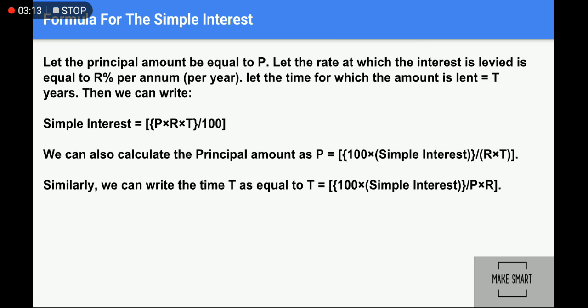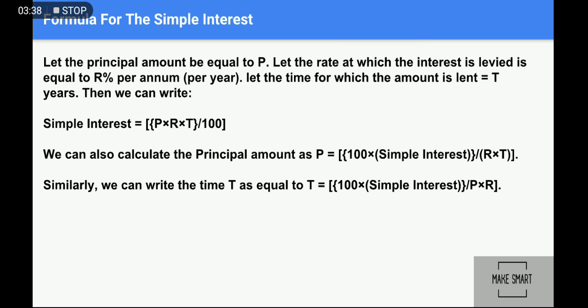From our simple interest formula we can derive the principal: P equals 100 into simple interest divided by rate of interest into time. Similarly, you can calculate the time: T equals 100 into simple interest divided by principal into rate of interest.